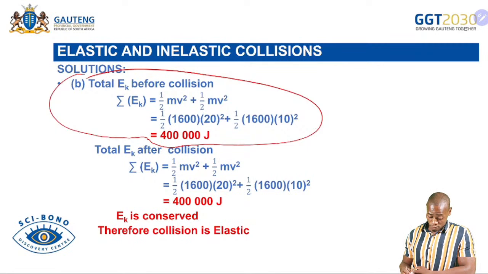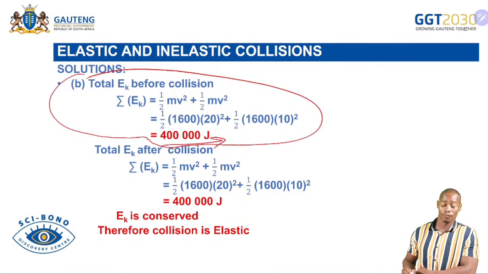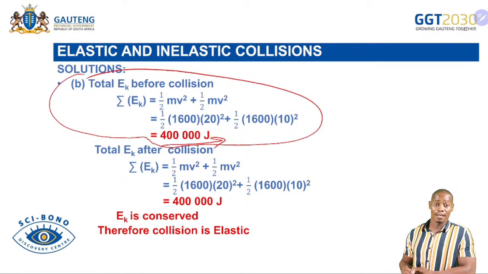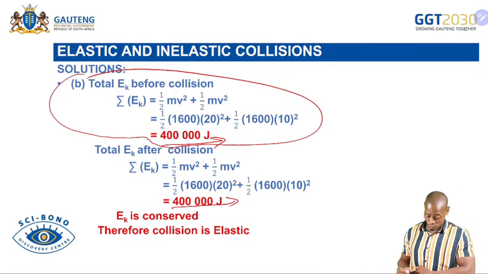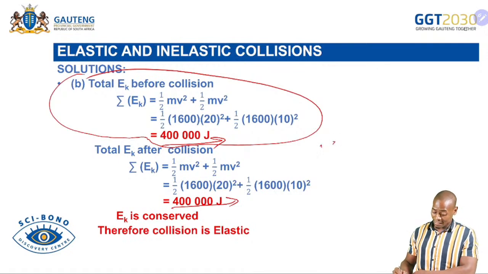So this is what we got, which is 400,000 joules. That is the sum of EK before collision. Then the sum of EK after collision, we are also getting 400,000 joules.